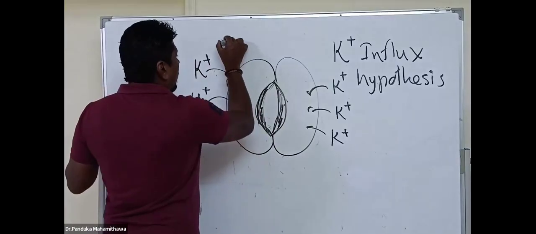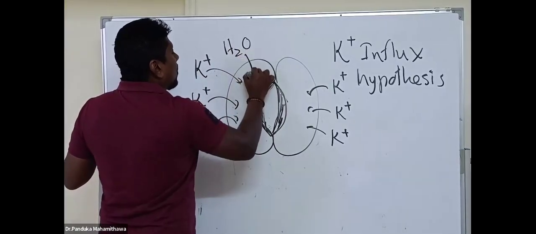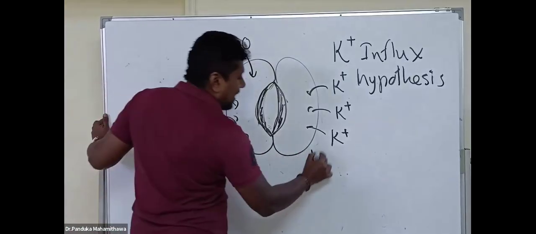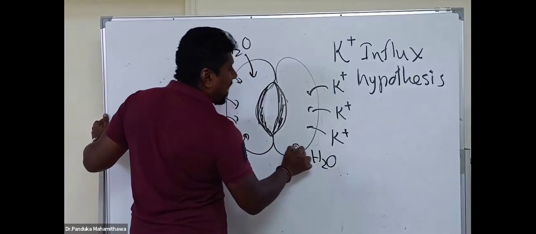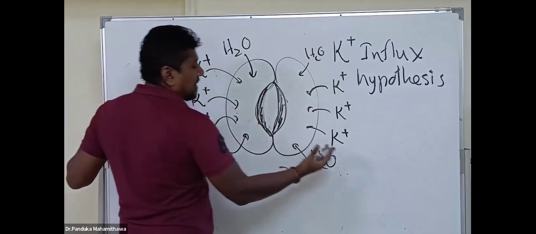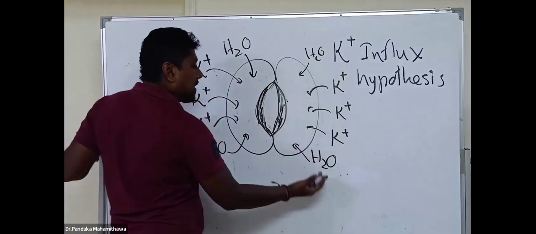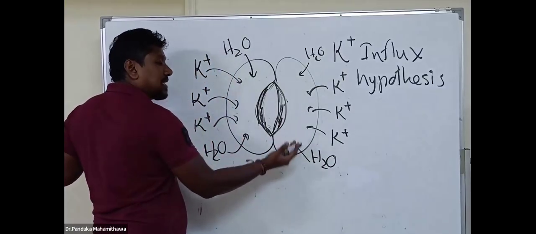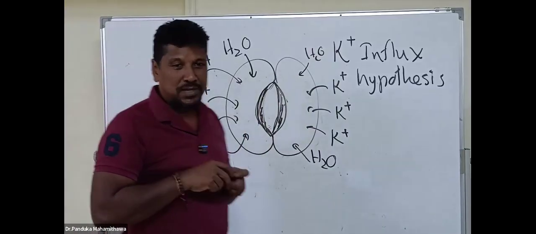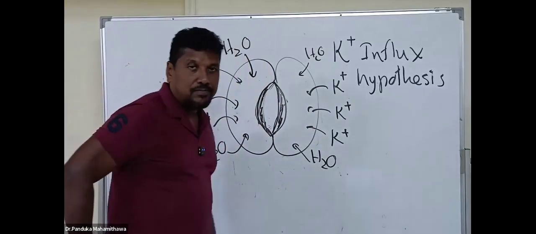So water also diffuses into the cells passively. For that, you don't need energy, right? Because the water concentration is higher outside and lesser inside, water is absorbed from high concentration to lower concentration. You call it diffusion, or osmosis.